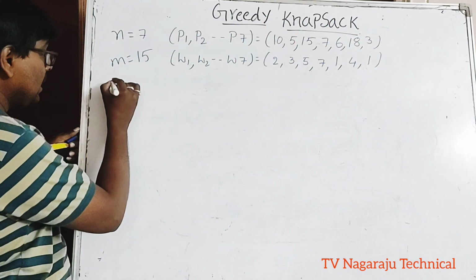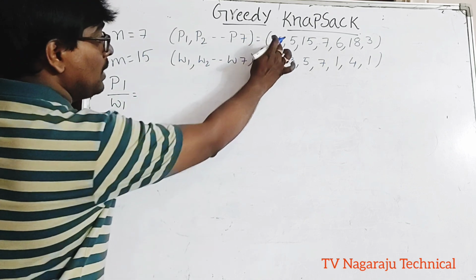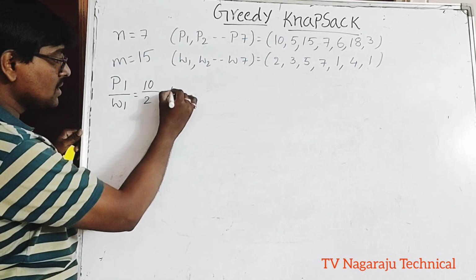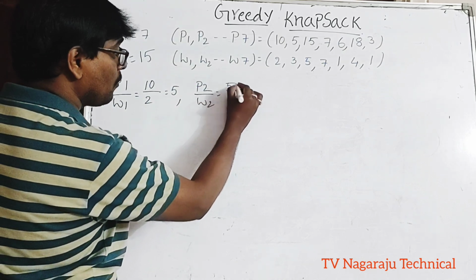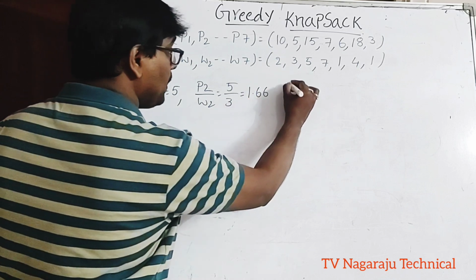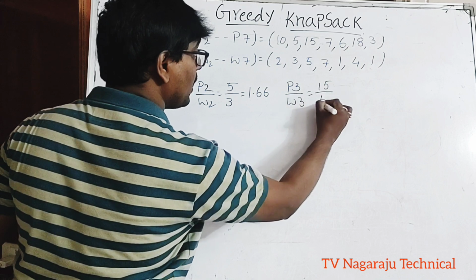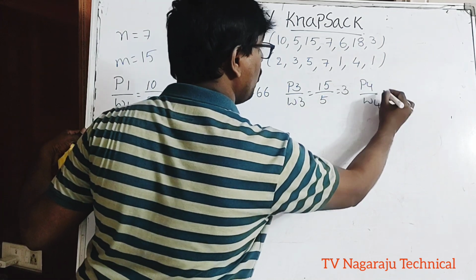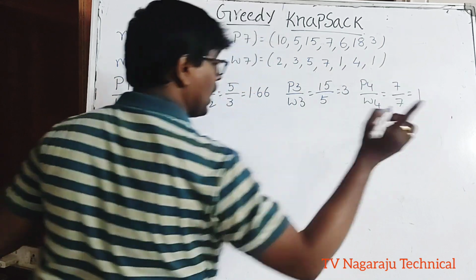So calculate P1 by W1. What is P1? 10. What is W1? 2. 10 by 2, that is 5. P2 by W2, 5 by 3, that is 1.66. P3 by W3, 15 by 5, that is 3. P4 by W4, 7 by 7, value is 1.